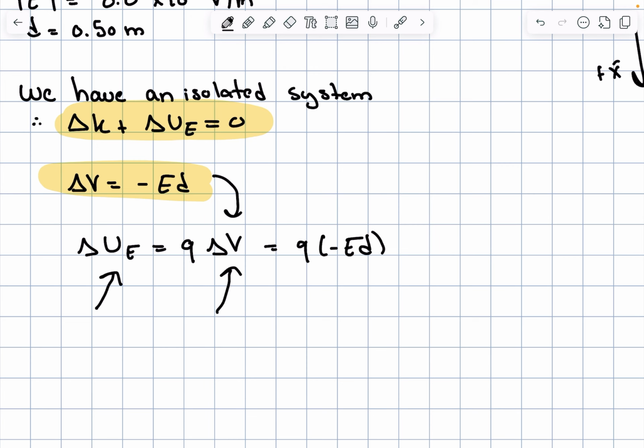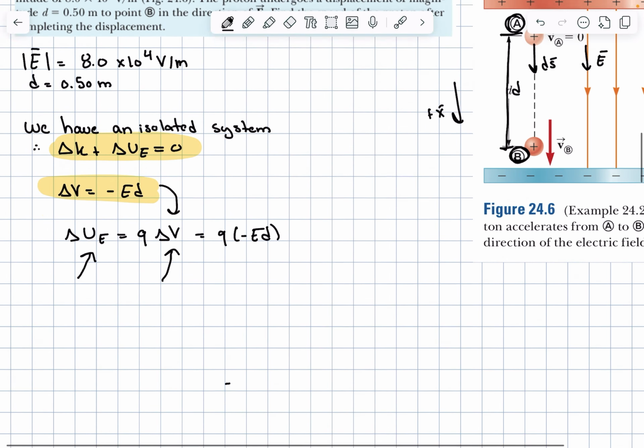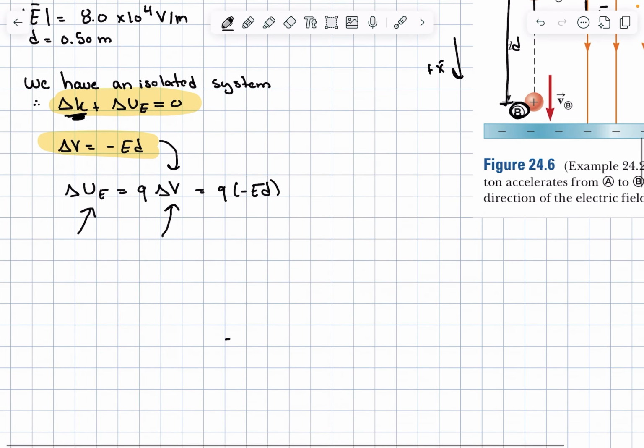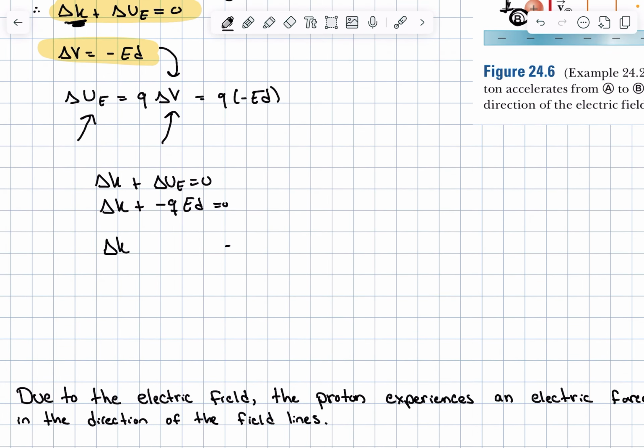From here, we can plug everything in to figure out what delta U is. But we don't really care about delta U, because we're trying to figure out the speed. That involves figuring out what the change in kinetic energy is. So here we can write delta K plus delta U_E is equal to 0. So delta K plus negative qEd is equal to 0, meaning delta K is equal to qEd.